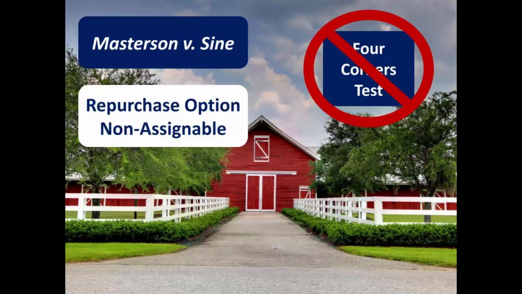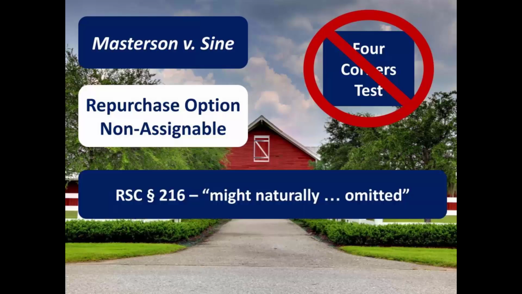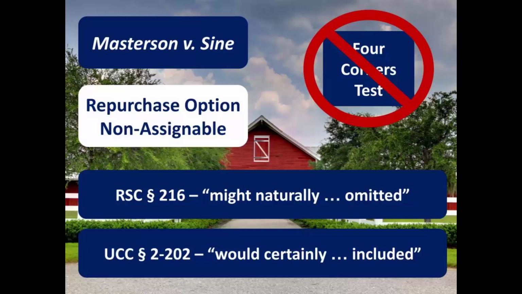The opinion discusses both the Restatement and UCC standards for integration. Under Restatement Section 216, we ask whether the additional term might naturally have been omitted. And under UCC Section 2-202, Comment 3, the question is whether that term would certainly have been included in the writing.